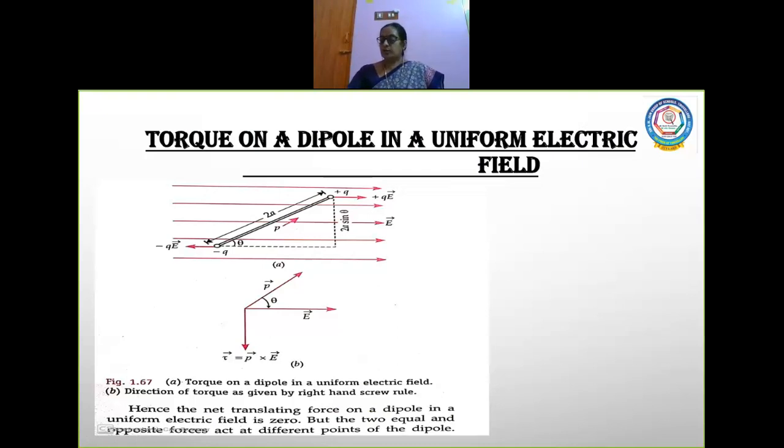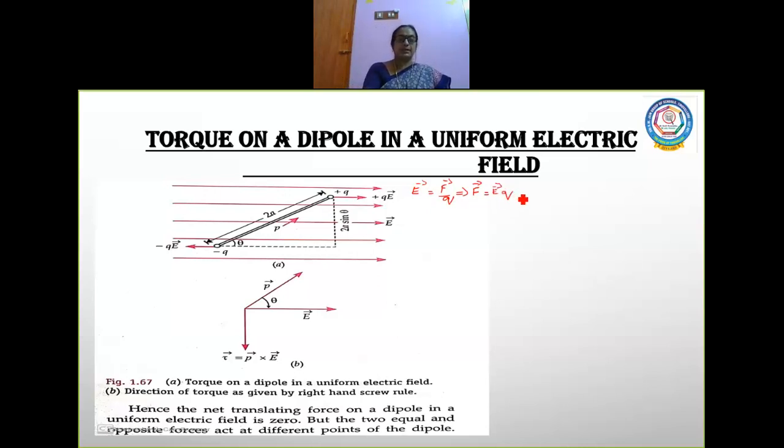Now you all know the formula for electric field. Electric field E is equal to F by q. So what will be the force now? So force is equal to E vector into q, right?